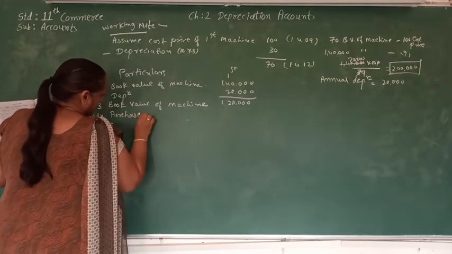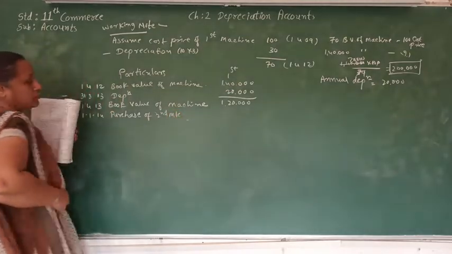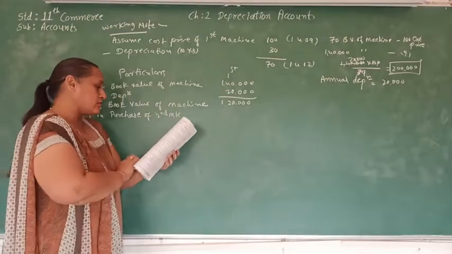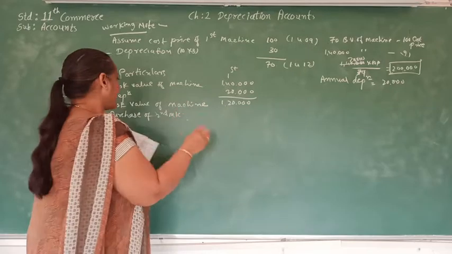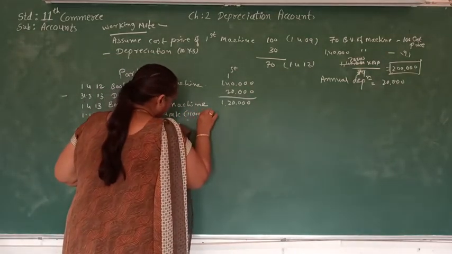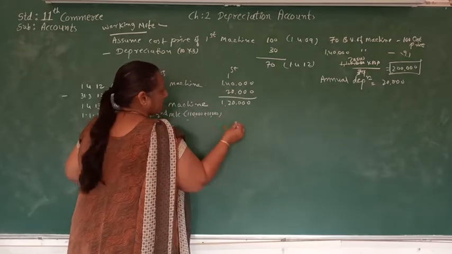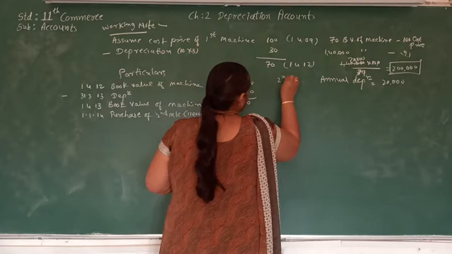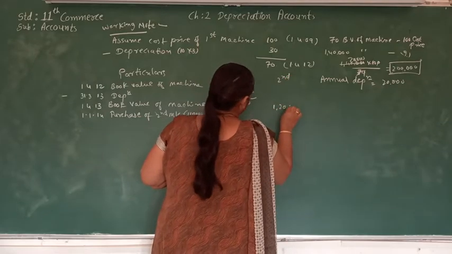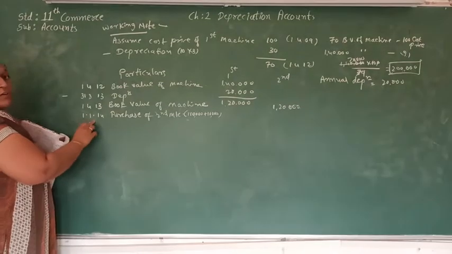To find out the cost, we have to add 1,10,000 and 10,000. 1,10,000 plus 10,000 will be 1,20,000 for the second machine. So the second machine was purchased on 1/1/14.